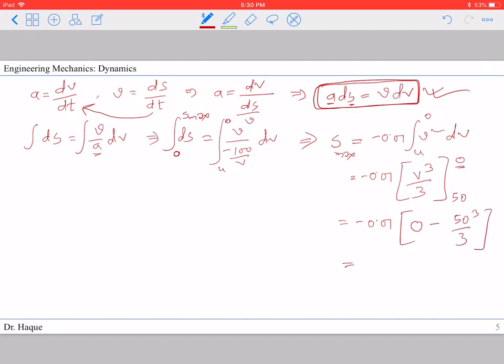If we solve this, we get s max as 416.67 meters. So this is our s max.